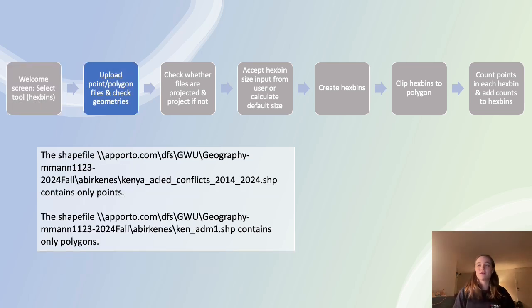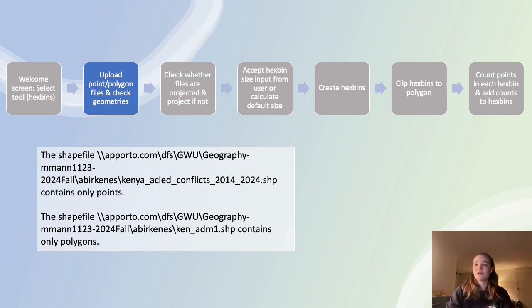Now that I've selected the hexbins tool, my next step in the code is I, as the user, am uploading the point and polygon files so that the system can check whether the files that I want to use are strictly points and polygons, respectively.